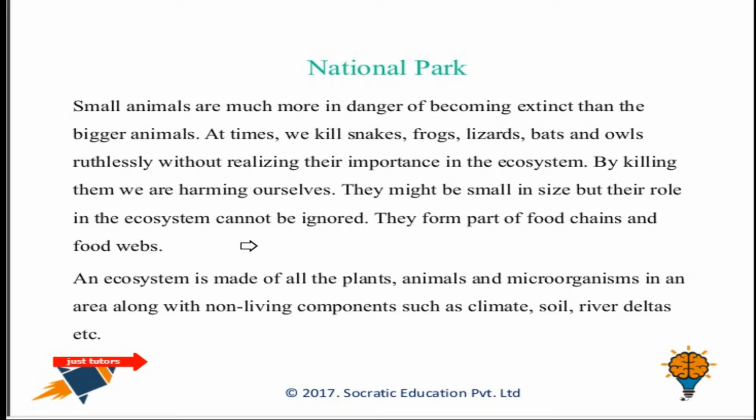But they ignore that these small animals play a major role in the food chain or food web, and killing such animals on a large scale affects the ecosystem. An ecosystem is made up of plants, animals and microorganisms in an area. So this is a point which needs to be taken care of.